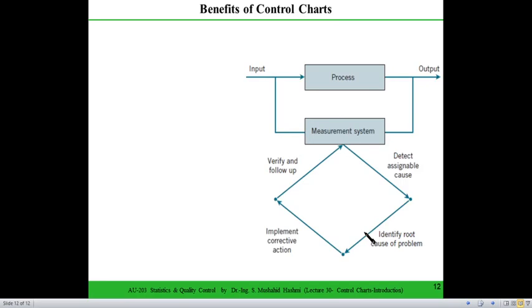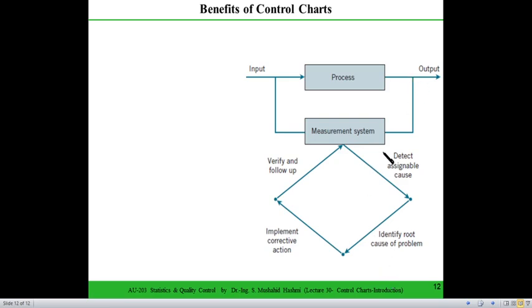Okay, so we know the process is something which transforms certain input into an output, and at the feedback stage, there is a certain measurement system which checks whether the output is as per the requirement or not. So your measurement system is good enough to detect if there is a certain special cause, or a root cause of the problem. So you are able to identify why the variations exist in the output and why it is not up to the specification.